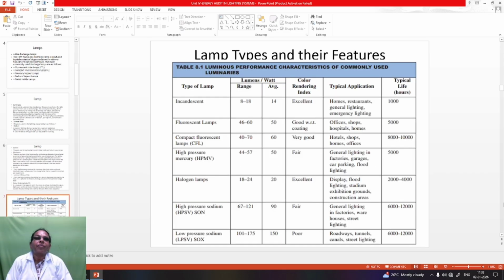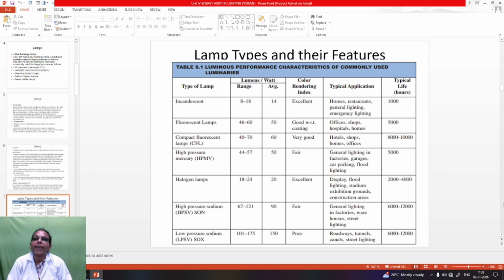Lamp types and their features. Type of the lamps, luminance, then color rendering, typical application, typical life. Here the incandescent lamp has a range of 8 to 18 and an average of 14 watt.